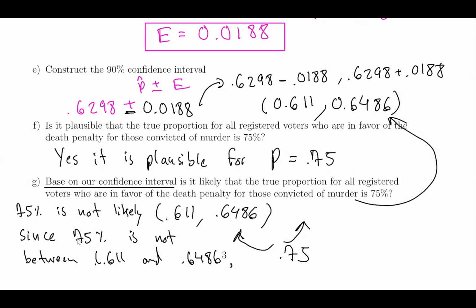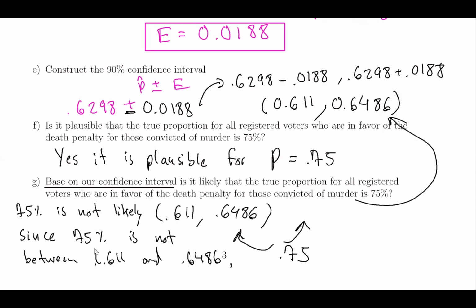Since 75% is not in between these two values, that's why we're saying no. Because say if they would have said 62%, since 62% falls between 0.611 and 0.6486, we'd say it is likely 62% could be the population proportion.